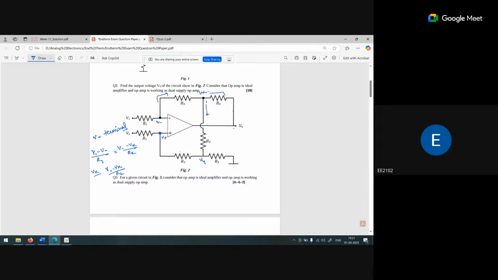So we can say V minus Vx upon R2 is equal to Vx minus Vy upon Rf plus Vx minus V0 upon R2. So this is the equation number 2.